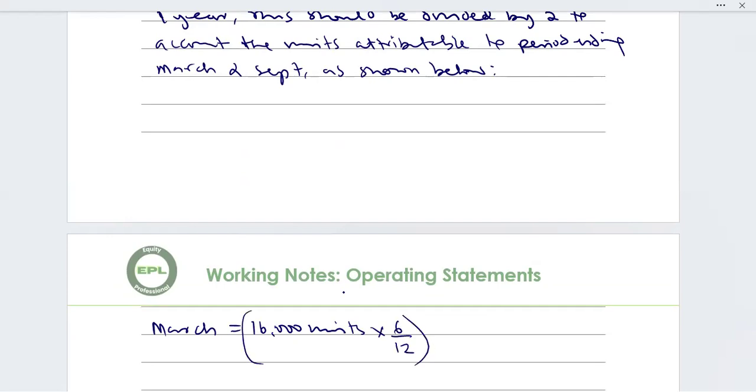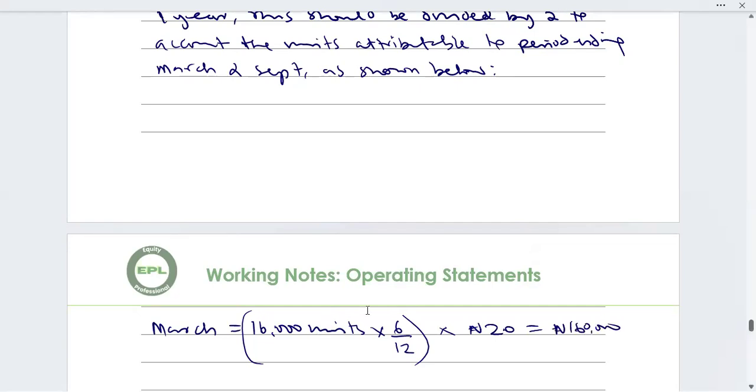All of this is multiplied by the fixed overhead absorption rate of 20 naira. So what do you get? 8,000 multiplied by 20 is 160,000. So here is 160,000.